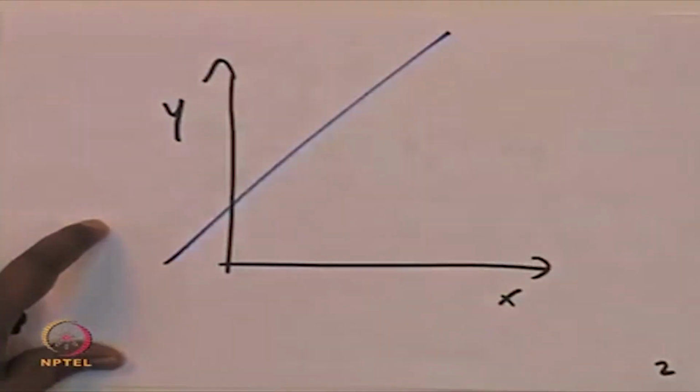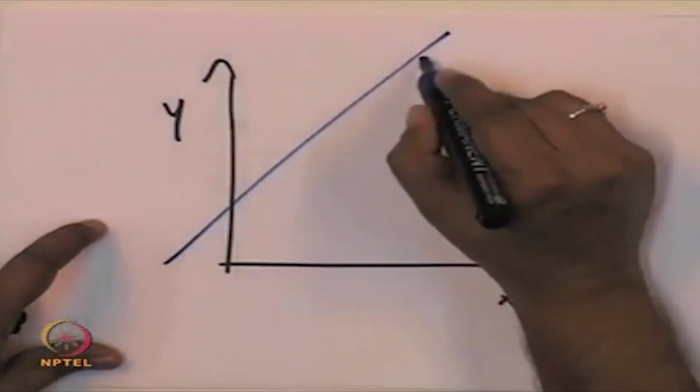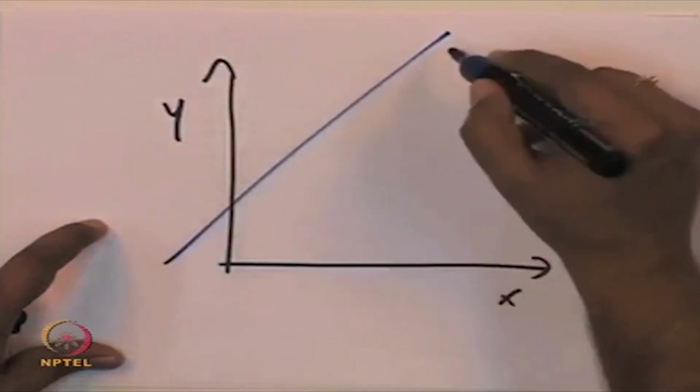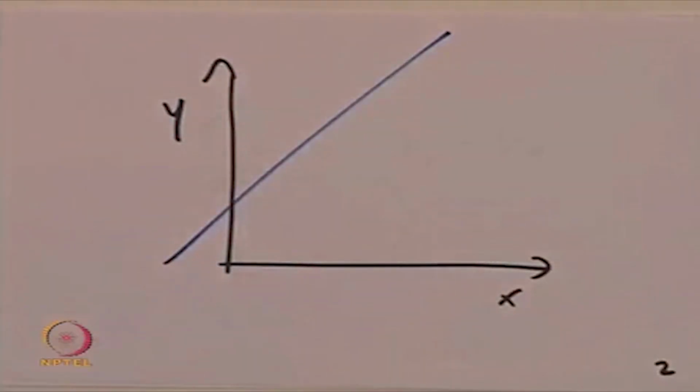You have such a curve, and at any point if you find the slope, it has the same slope. So, such a curve has a constant slope. So, dy by dx is m, a constant.